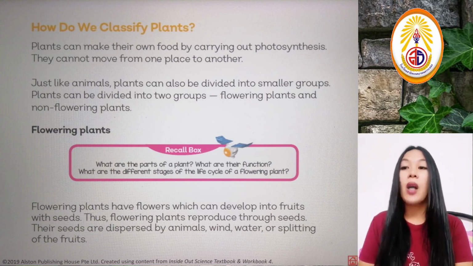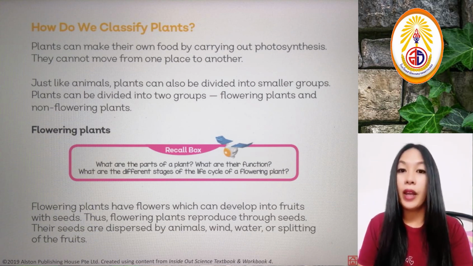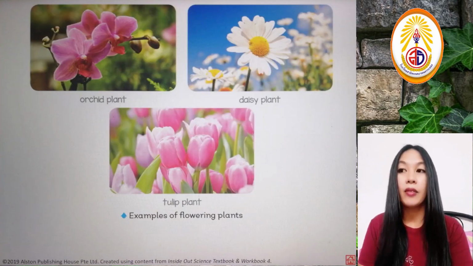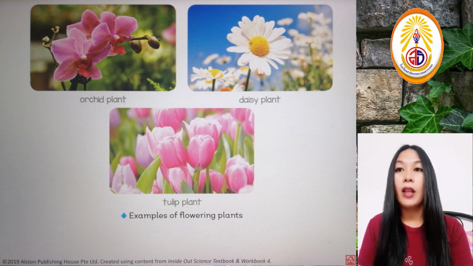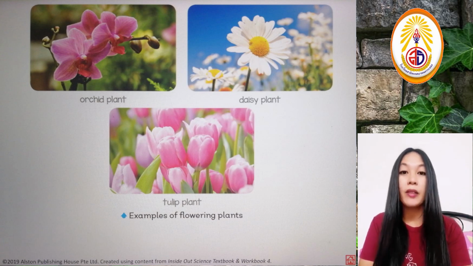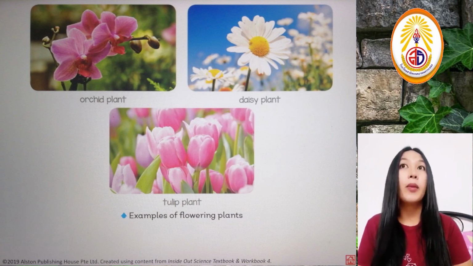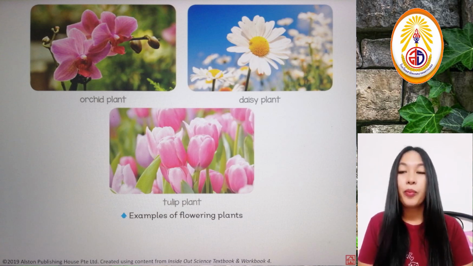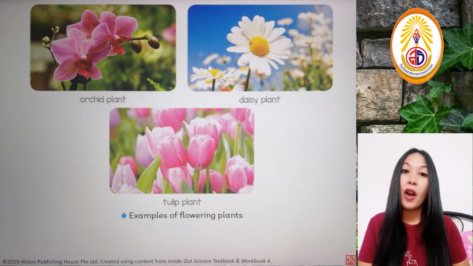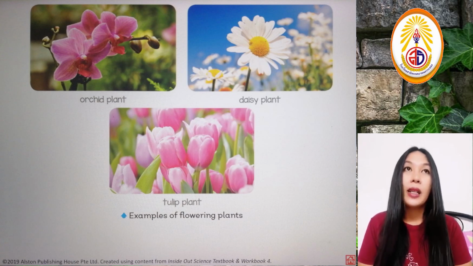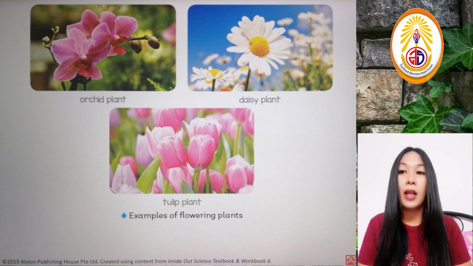Okay, these are examples of a flowering plant. We have the orchid, which has very colorful flowers. The daisy plant. We also have the tulip. One common example is Ratchabruk, which is the national flower of Thailand. That is considered a flowering plant. The rose.